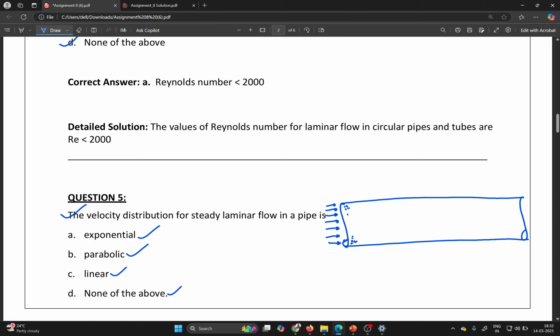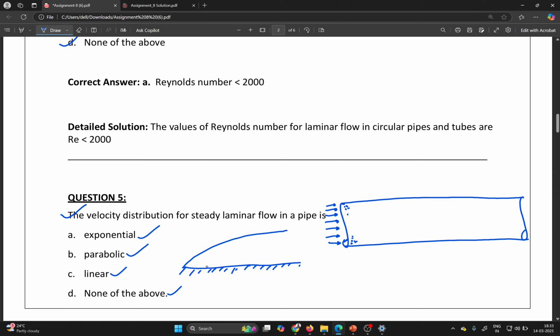The velocity of magnitude 1 will be, and here the concept of the boundary layer will come. Remember, please. The boundary layer arises here due to this wall.